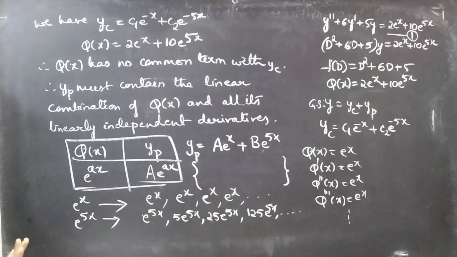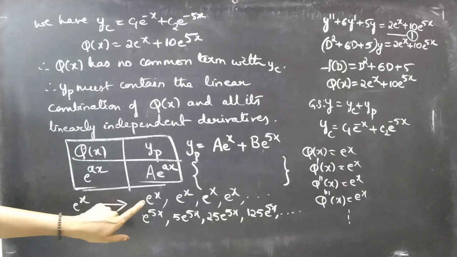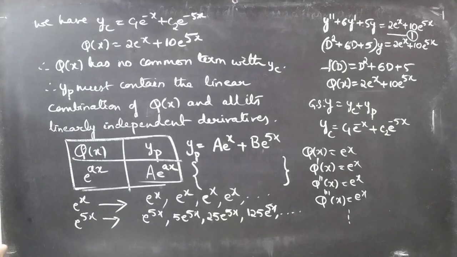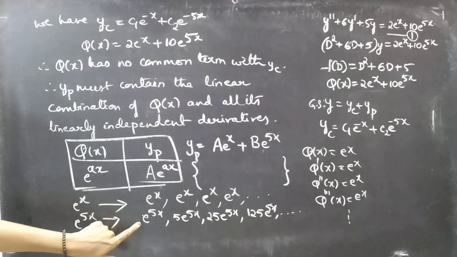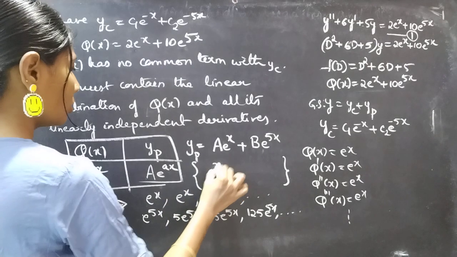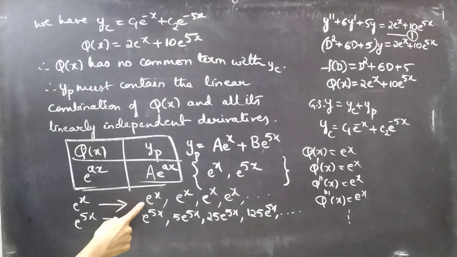Simply q of x and its derivatives has e power x and e power 5x. There is no other function of x other than e power x and e power 5x, right? So here in this set we'll have only two terms. One is e power x and another is e power 5x, right?